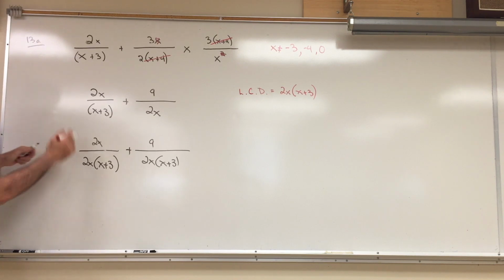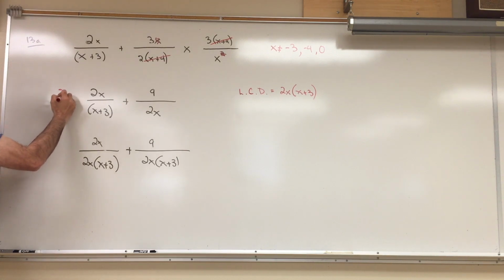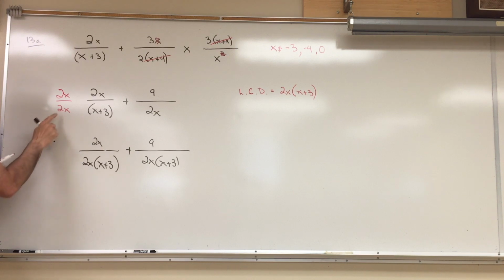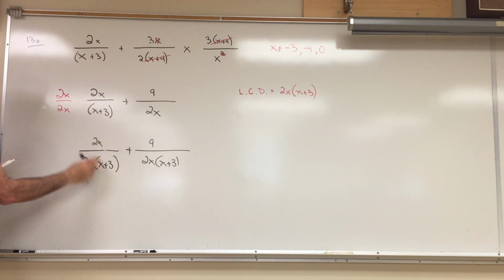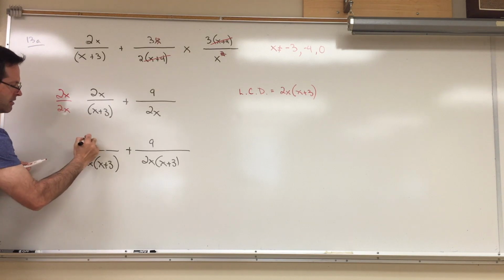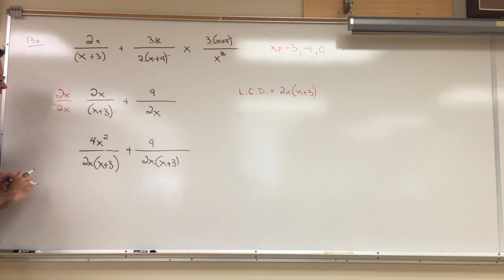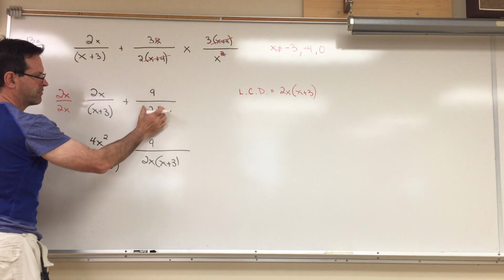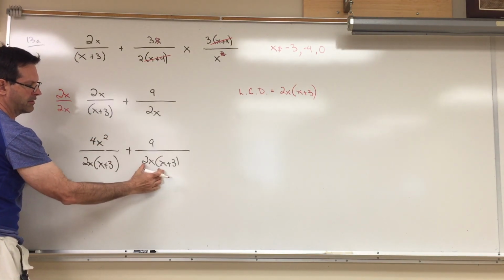The 2x. So we'll multiply 2x over 2x. What's 2x times 2x? 4x squared. And then what's missing from here that I have down here? The x plus 3.